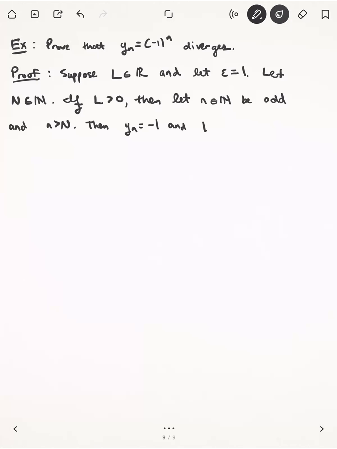And the absolute value of y_n minus L is going to be equal to the absolute value of -1 minus L, which is L plus 1, which is bigger than 1, which equals epsilon.